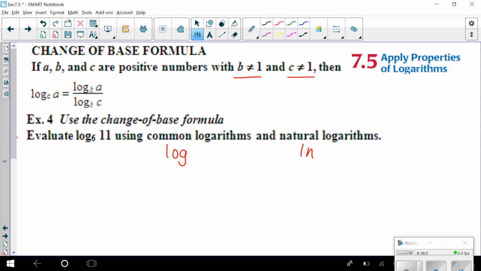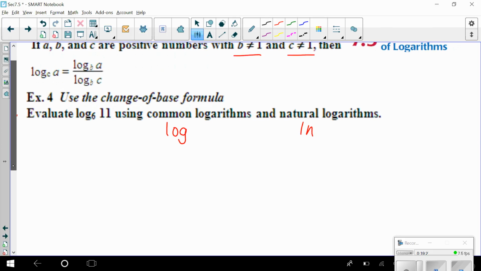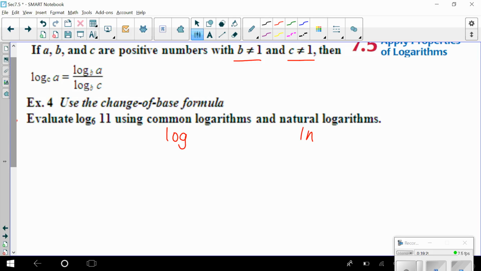And so this is helpful for when you want to use your calculator to evaluate logarithms. No matter what the base is, you can use this change of base formula. So to use the change of base formula to look at log of base 6 of 11, 6 would be our c value, and 11 would be our a value.